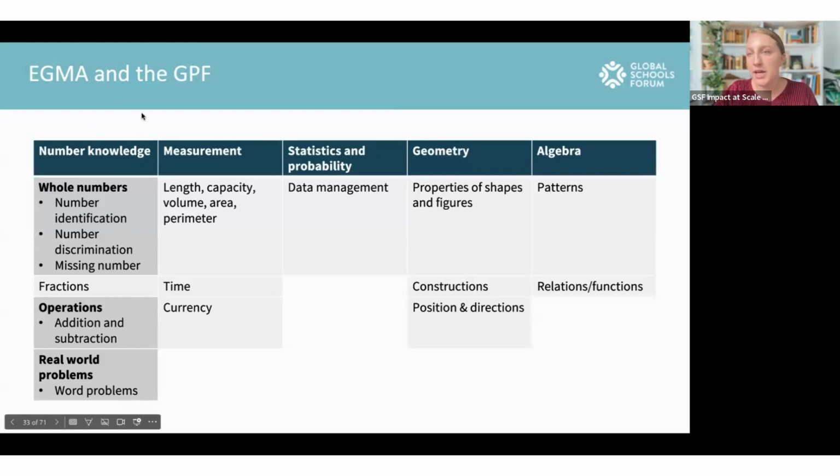Only number knowledge. And the rationale for that is that number knowledge is foundational to all of these other categories in a way that the others are not foundational. So if you don't have number knowledge, you're not going to be able to complete measurement, statistics, geometry, or algebra tasks. Whereas if you're missing geometry skills, you might still be able to do some of the other ones.